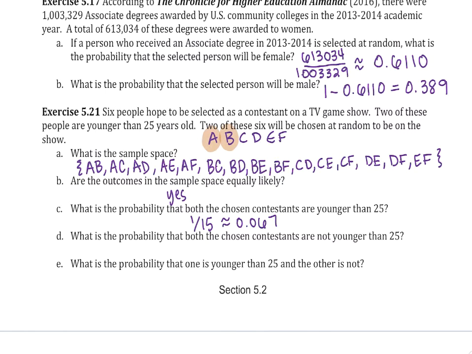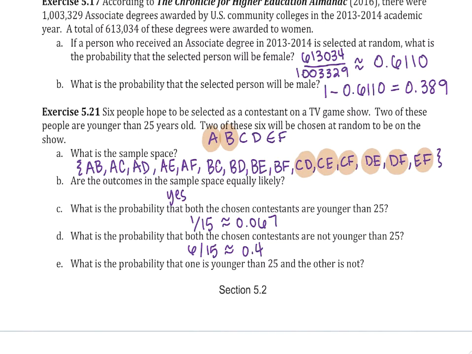So this question D is actually a little bit different, and we're looking for where both would not be younger than 25. And in my list, that's all of the ones that don't include A or B. So that's these, so we've got 4, 5, 6, and then everything else either has A or B, so that would not work. So you can see that we did get a very different answer than the opposite. So you've got to be careful when you're using the opposite that it really is the opposite.